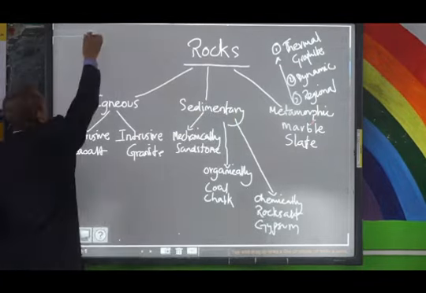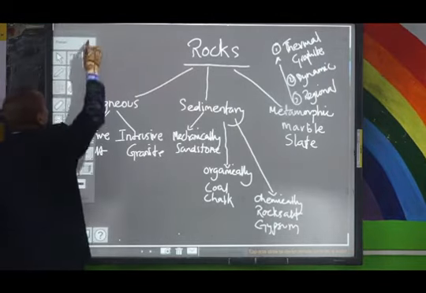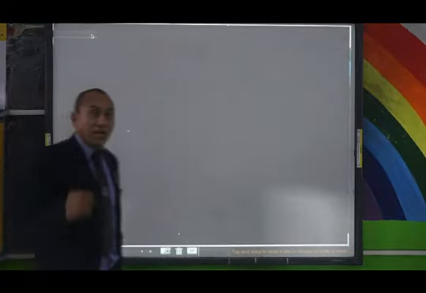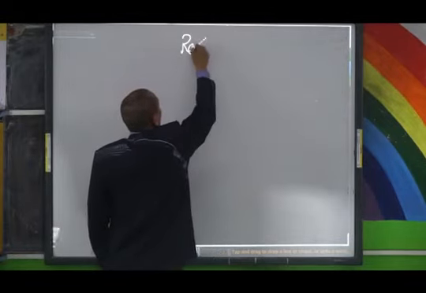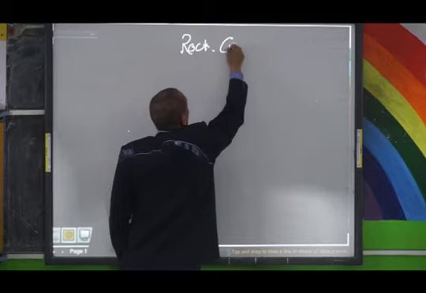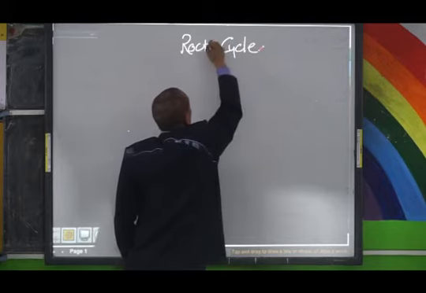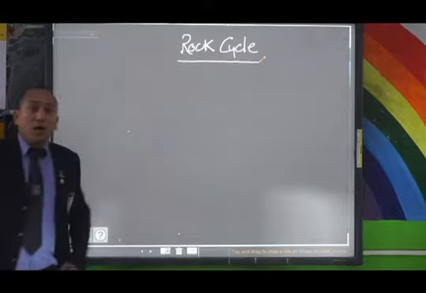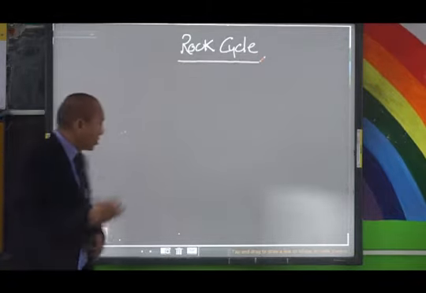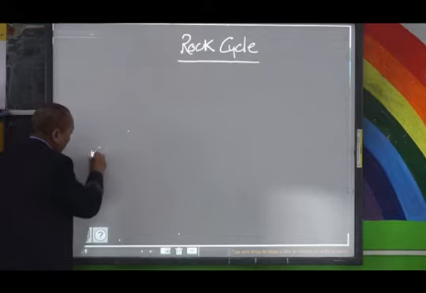So now we go slightly a little bit further and we come to the last part of this lesson. Okay, now we come to the last part, that is the rock cycle. Rock cycle. How are rocks formed? So we'll come very fast here.